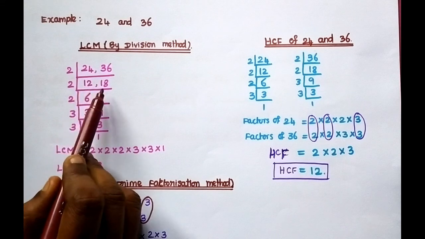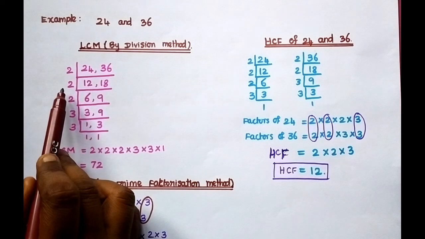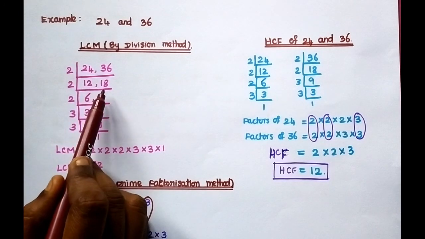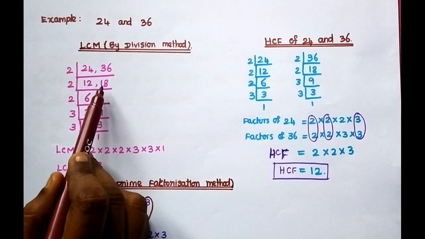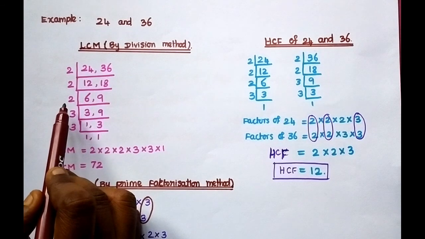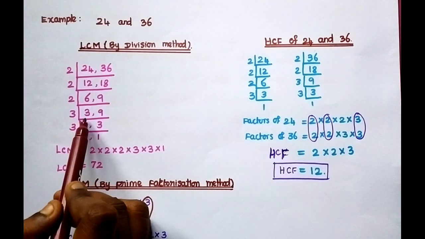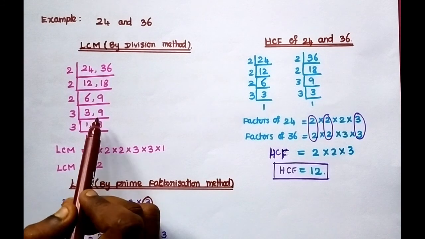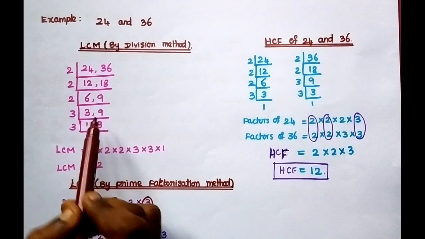Both 12 and 18 are divisible by 2. So dividing by 2, we get 6 and 9. 6 2s are 12, 9 2s are 18. Again divisible by 2, that gives 3, and 9 we can't divide by 2, so write it down as it is.